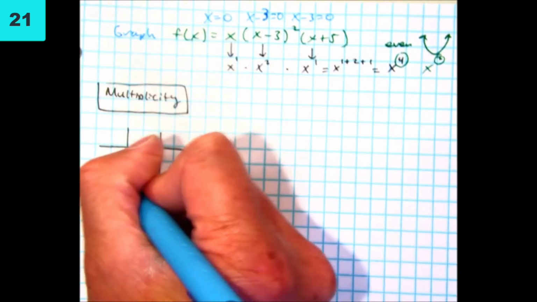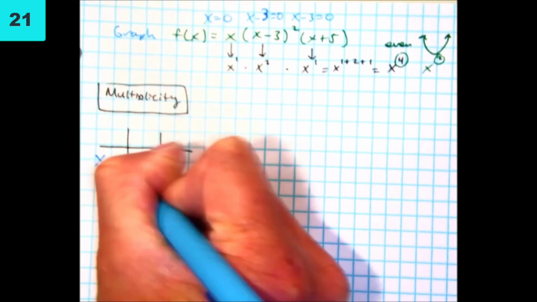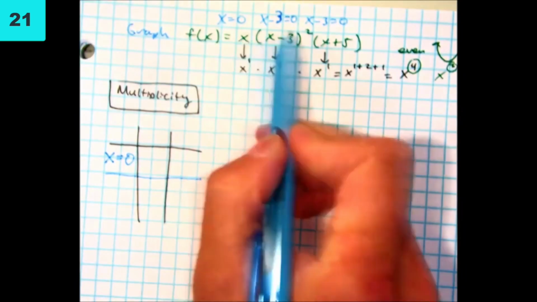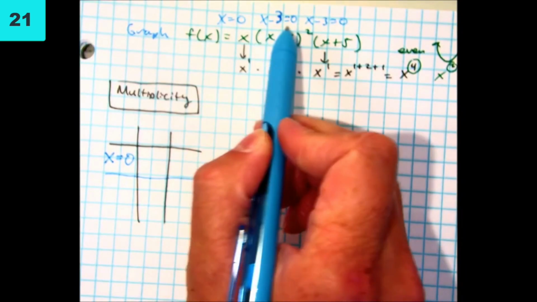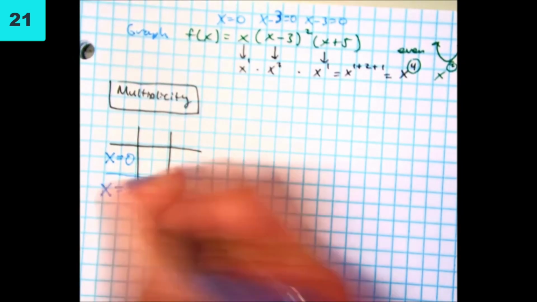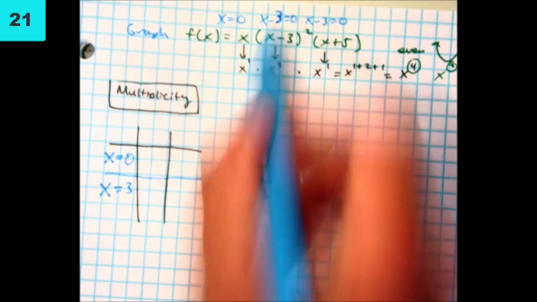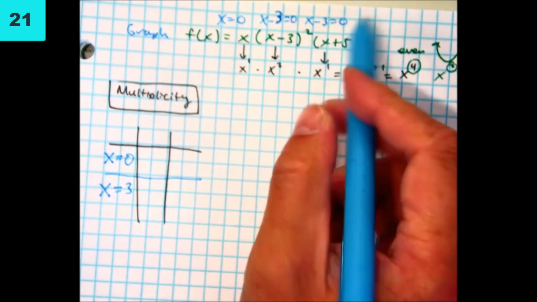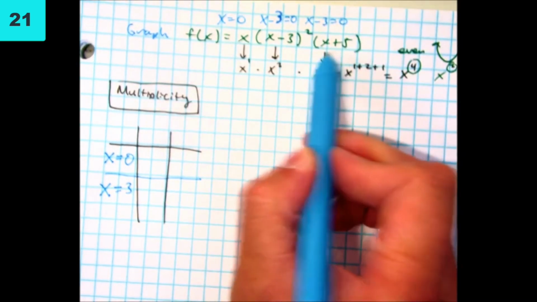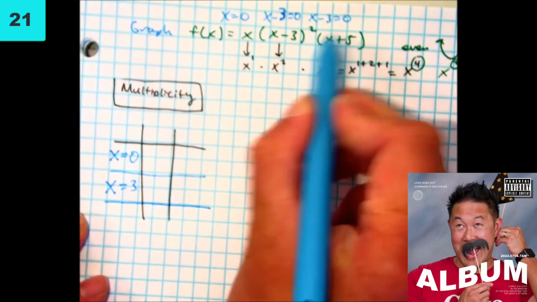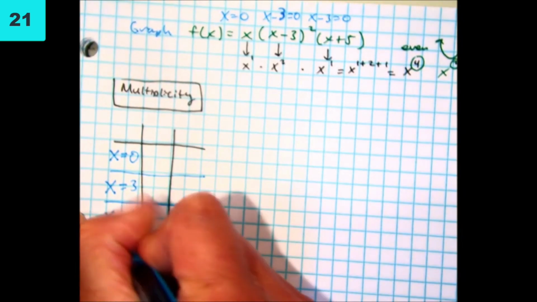So the first one says x equals 0. The next one here, if I solve this, this says x equals 3. Now, pay attention. I don't want to write the x equals 3 twice. So that's why they call it a double root. And then this one, class, will be x what? X equals negative 5.